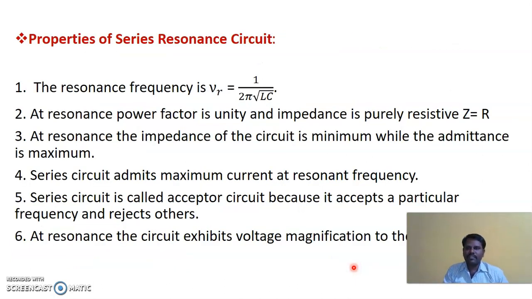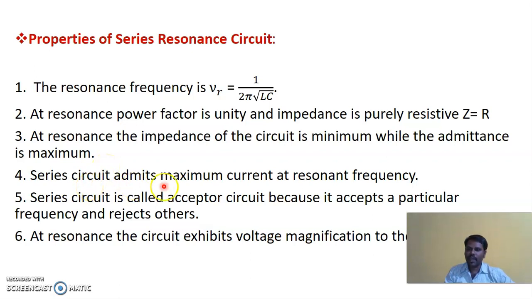The properties of series resonance circuit we have seen. The resonant frequency in case of series circuit is nu r is equal to 1 over 2 pi square root of LC. At resonance, the power factor is 1 because Z is equal to R. The phase difference is 0. At resonance, the impedance of the circuit is minimum while the admittance is maximum.